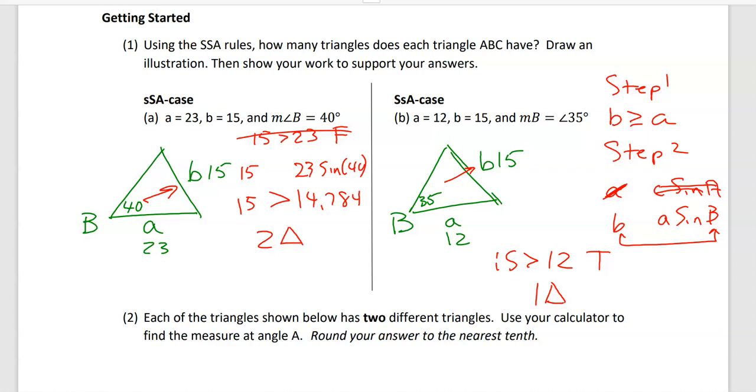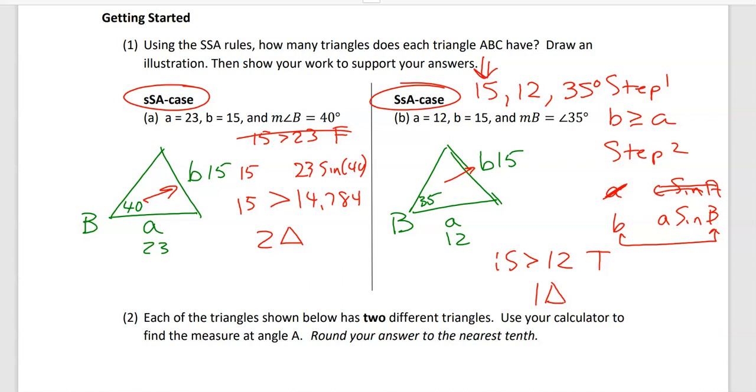We're moving on. In our discussion today, there are two cases that will continue to show up. If we list the side opposite the angle, say 15, followed by the other side, followed by the angle, in that order, and this side is longer than the other side, that's the one triangle case.